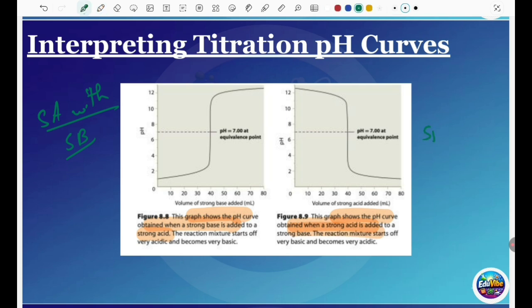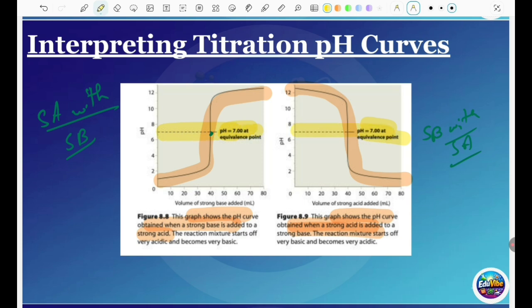When strong base is added to a strong acid, it goes from pH 1 up to 14. When strong acid is added to strong base, you go from 14 down to 1. You start from the base, with more strong base. The equivalence point stays the same at 7, and you have to draw the line at 7, which shows the equivalence point.